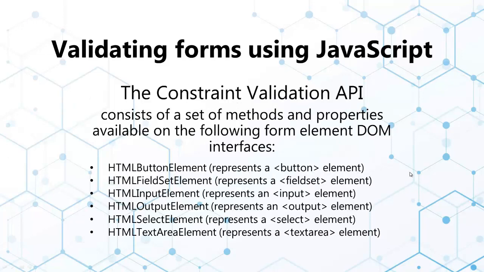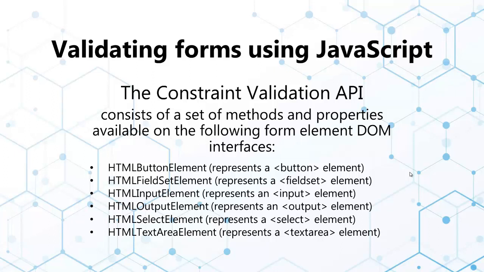Validating forms in JavaScript: the Constraint Validation API. This is an API that helps us validate the form elements using JavaScript. It consists of a set of methods and properties available on the following form element DOM interfaces.